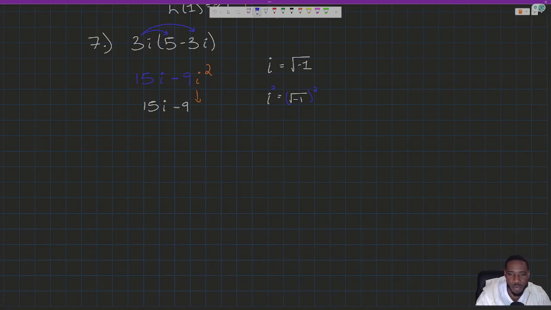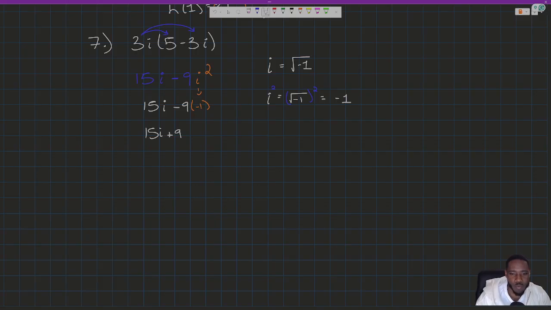And because square roots and squares cancel out, all you're left with is negative 1. So what was i squared can now turn into negative 1. And if we simplify that further, negative 9 times negative 1 is positive 9.